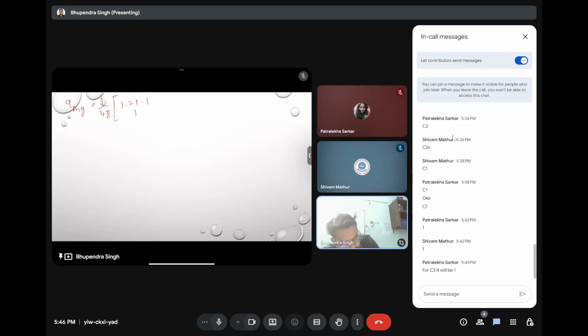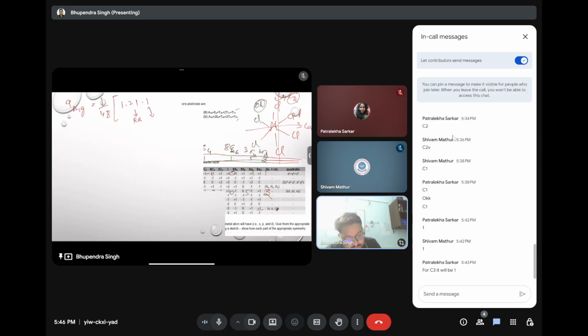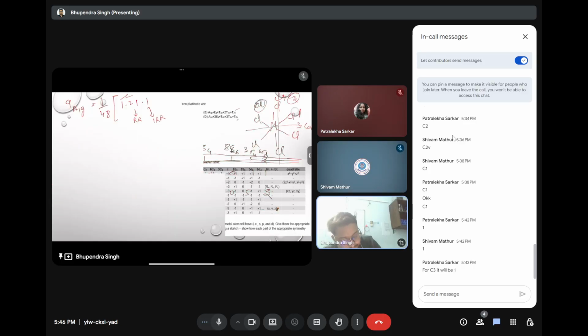This is your reducible representation. Reducible, where is 21? This is your reducible representation. 1 is your irreducible representation, and this is your character, C. Okay.